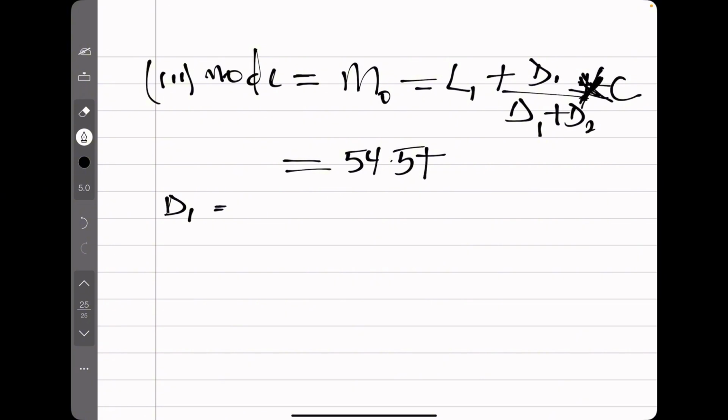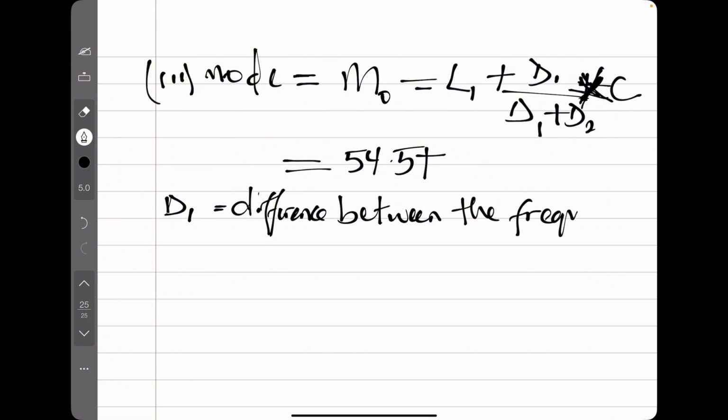D1 simply means the difference between the frequency of the modal class and the class before it.